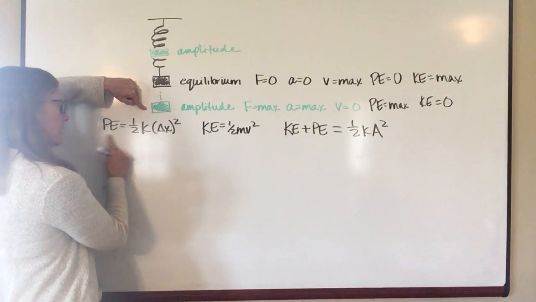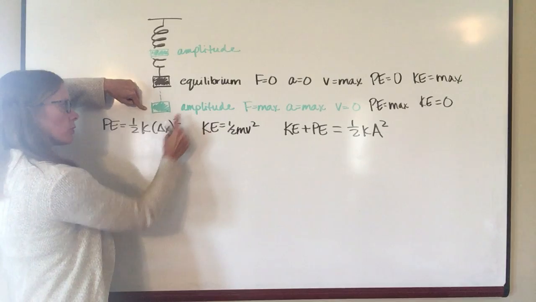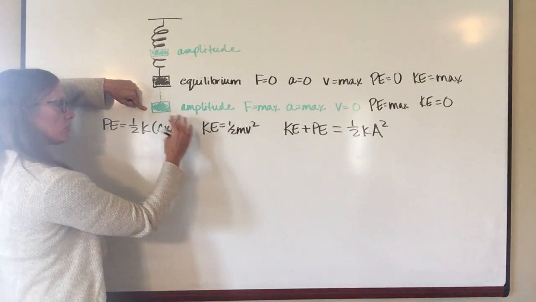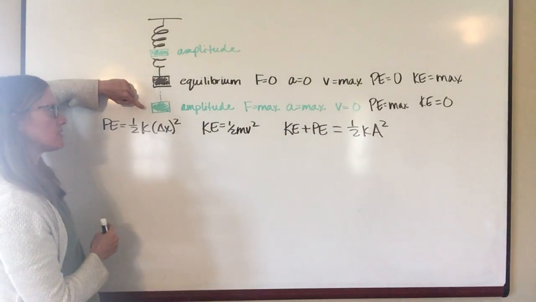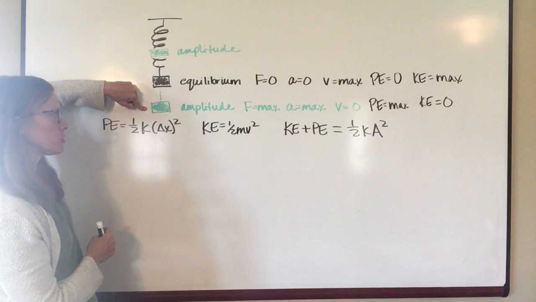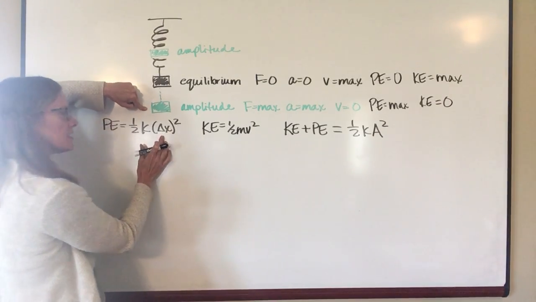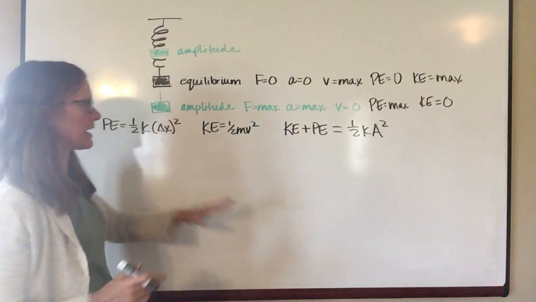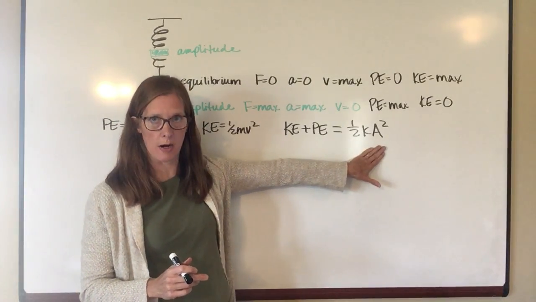And so in this potential energy equation, this delta x actually is equal to the amplitude. At this particular point, your potential energy is at its max, kinetic energy is 0, so the total energy of the system when it's at this amplitude is going to be equal to whatever the potential energy is. And so this delta x is the amplitude. And so that's why I can say kinetic plus potential is 1/2 k A squared.